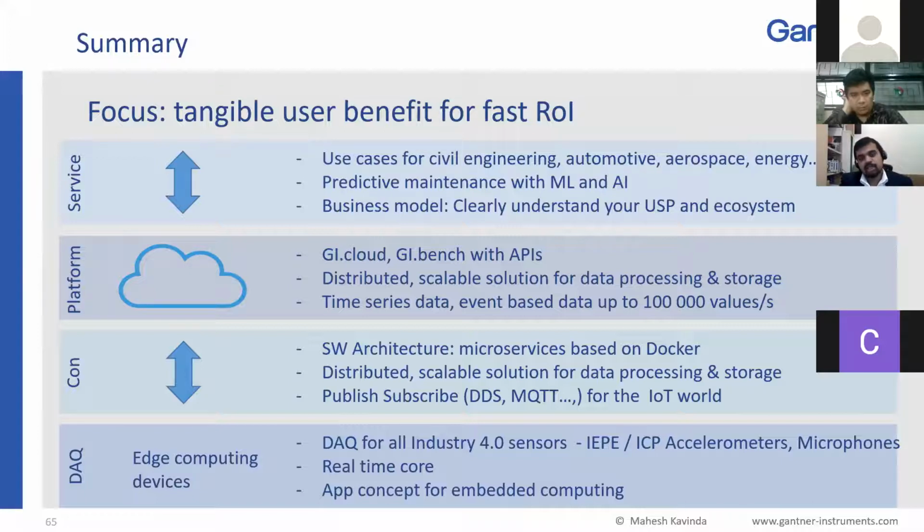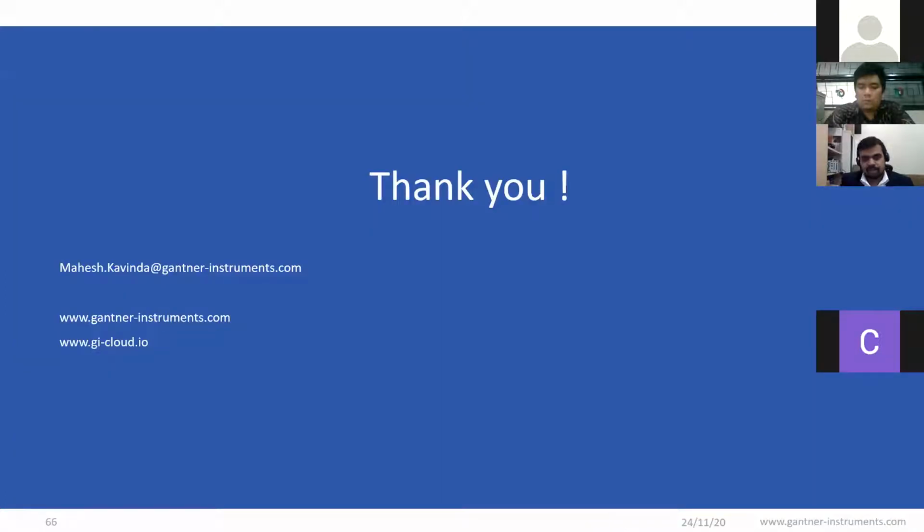So ultimately, this is what we bring to the table for the test and measurement world by Gantner Instruments. And there are some more slides I have put into the appendix, so whenever a question comes, I can show more applications and how we have achieved them.